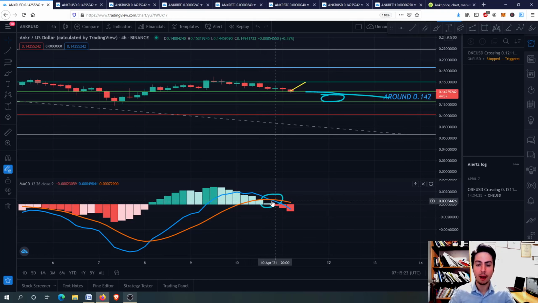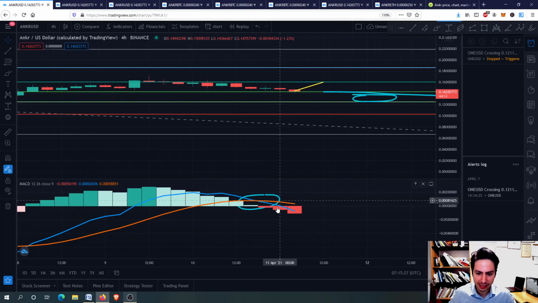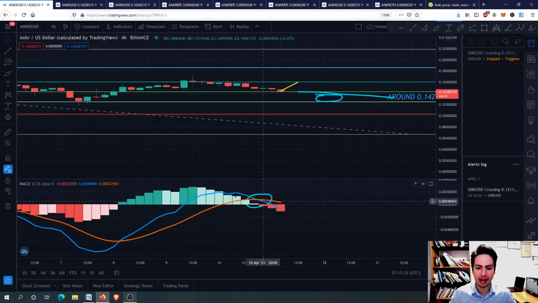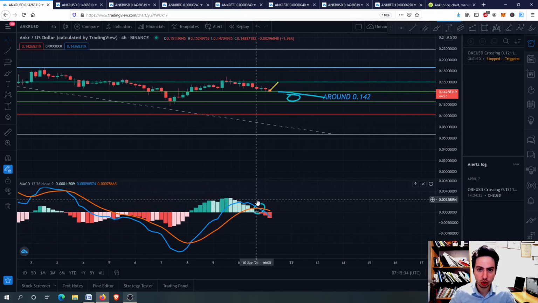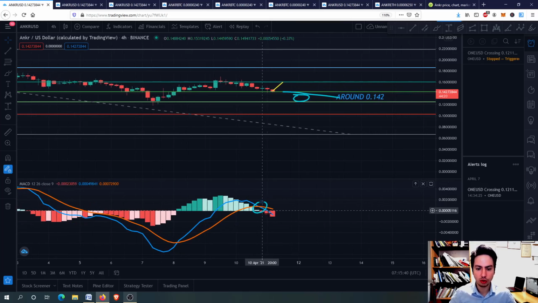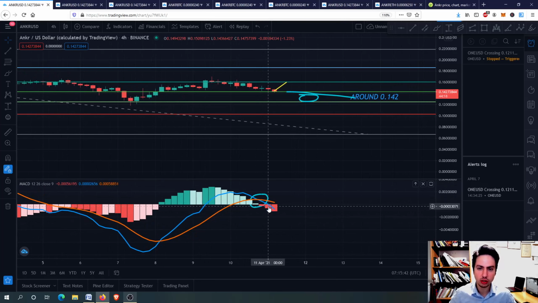When we see the blue line going below the signal line, like in this case here, guys, we don't always have a bearish situation, because the whole price action of this coin might be bullish.